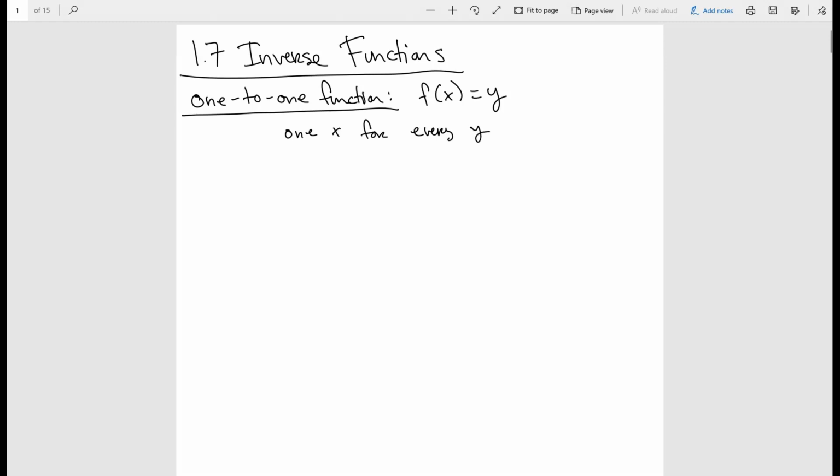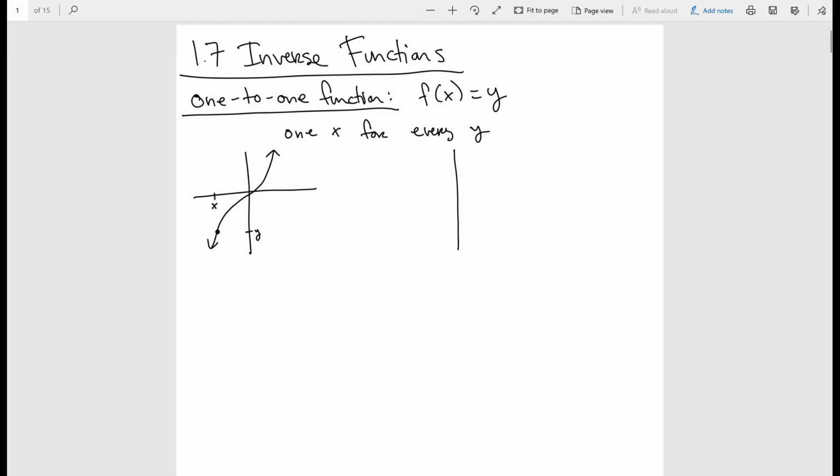That's what a one-to-one function means. If I look at the graph of the cubic, we can see that there is only one x for every y. So this y coordinate only corresponds with one x. So for one x, you only have one y, but for every y, there's only one x. So it's vice versa.